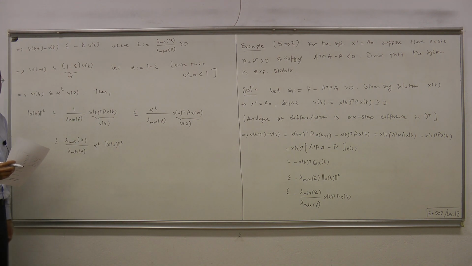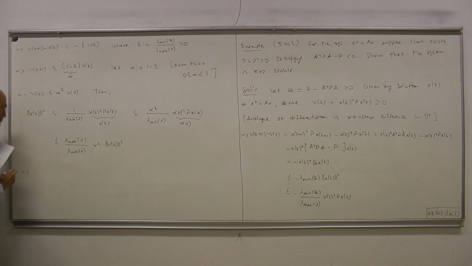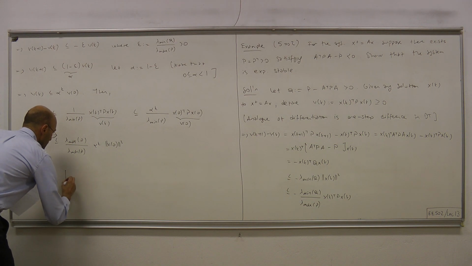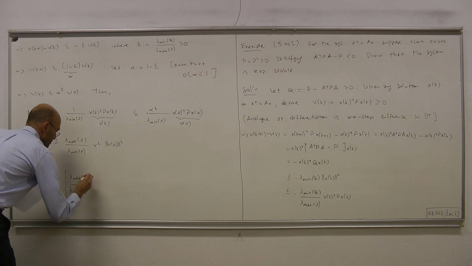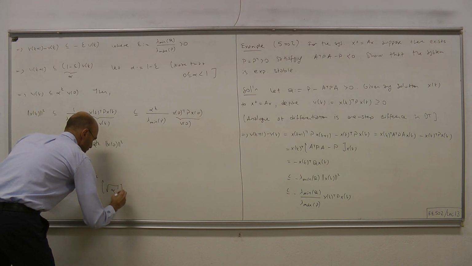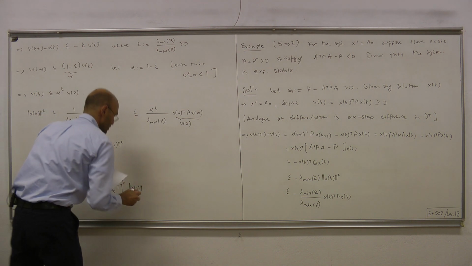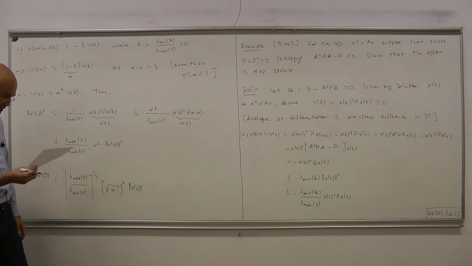And all that remains is to take the square root of both sides, and that produces: the norm of the solution can be upper bounded by the square root of lambda max P over lambda min P times the square root of alpha to the k times the initial norm of the solution, x0.